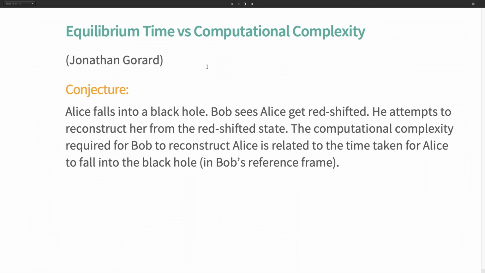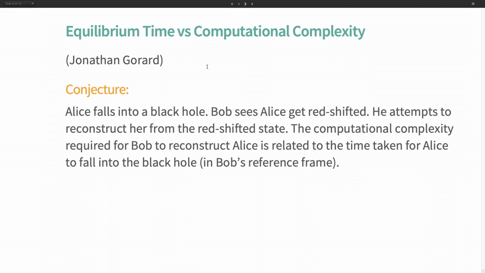So the way that this connects to my QCAs is that, for example, I start off with an initial state, and that's my Alice. She falls into the black hole and reaches this equilibrium state, which is her redshifted state. So the amount of computational complexity required to start with that equilibrium state and go back to initially Alice would be that computational complexity.